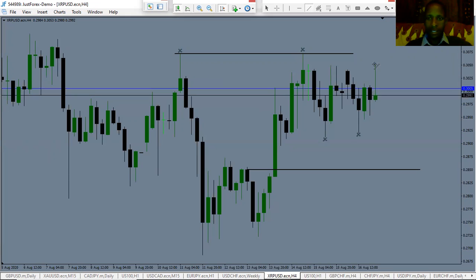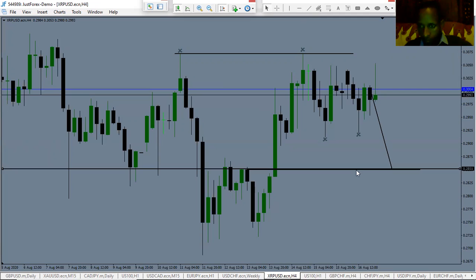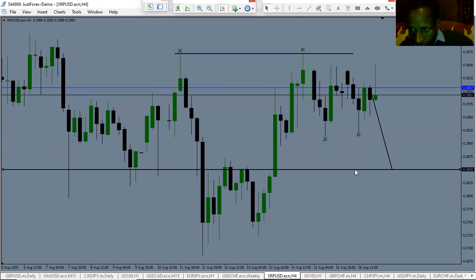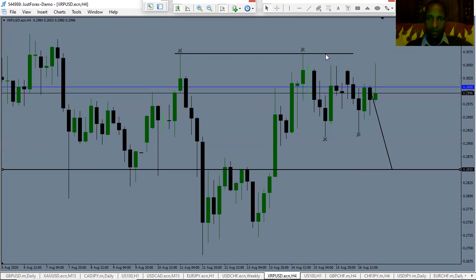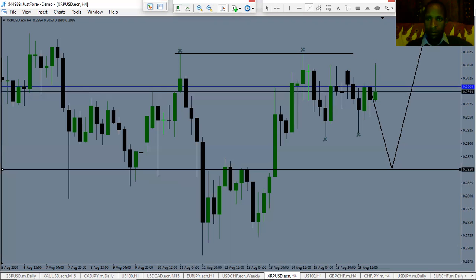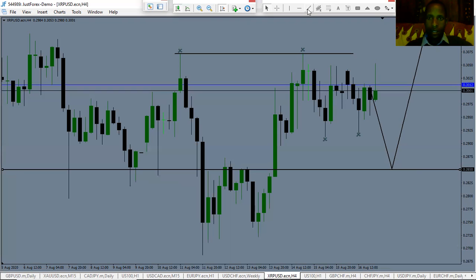I'm expecting for XRP to trade lower up to this level at 29 cents, then we come here at this point, then after, maybe you can have this level here.